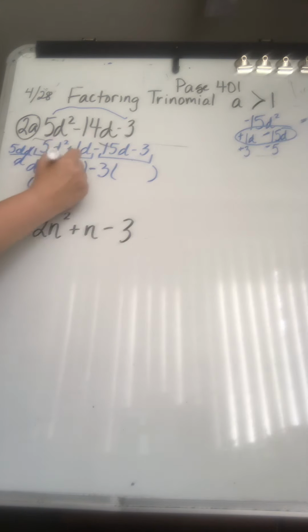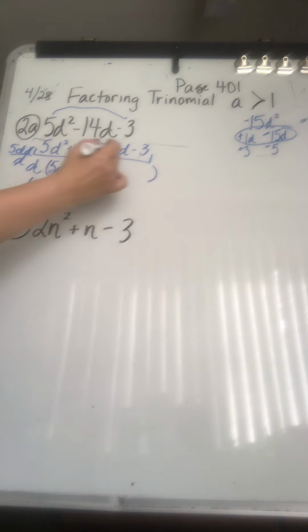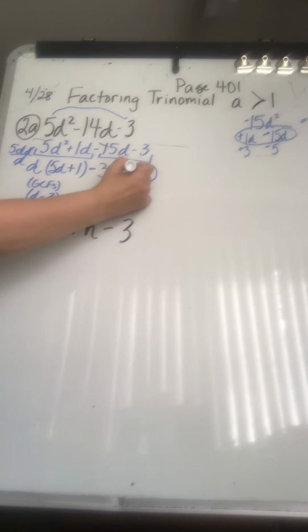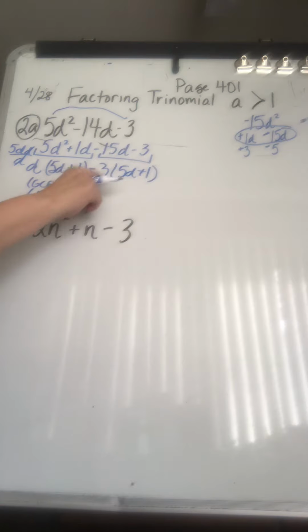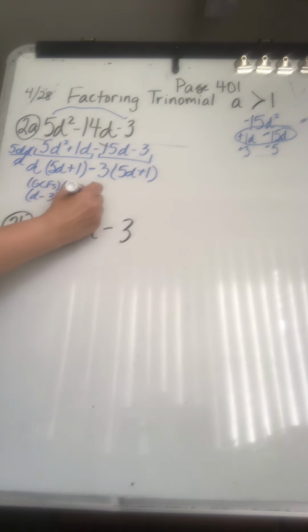And then d divided by d just gives me 1. It's going to be the same exact thing here. -3 times 1 gives me -3. -3 times 5d gives me -15d. So now I have my twin, which is 5d plus 1.